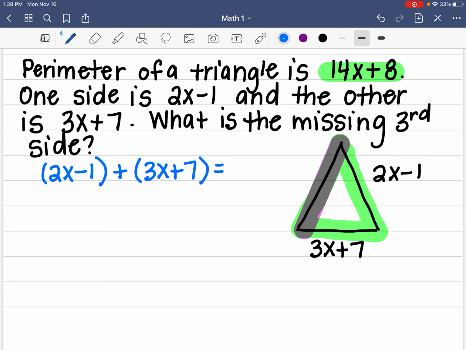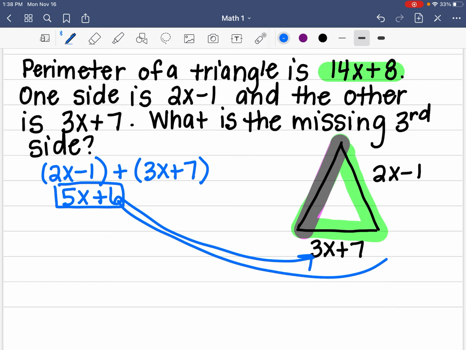So we're going to add those together, and that's going to give me, so 2x and 3x is going to give me 5x, -1 and 7 are going to give me +6. So I know that the sum of those two sides, so I know that this side and this side together are going to make 5x plus 6.